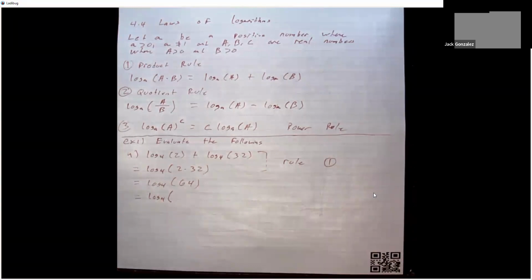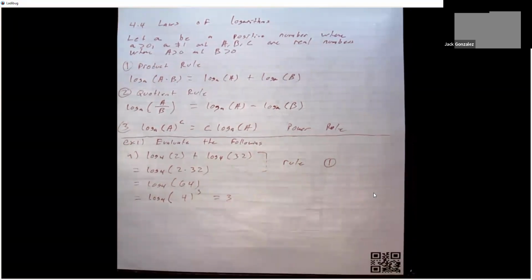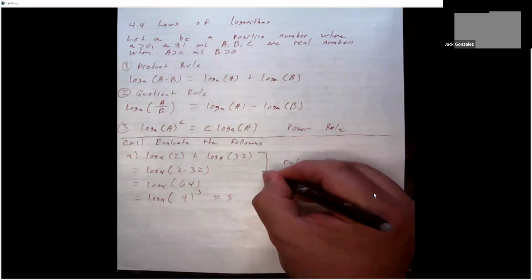Right, 64 is 4 times 4 is 16, times 4 is 64, right? So this is 4 cubed. So they match. So that would be simplified as far as you can. So apply rule 1 and then simplify the number.